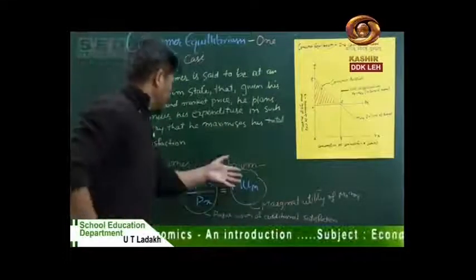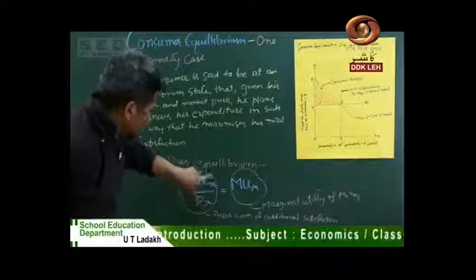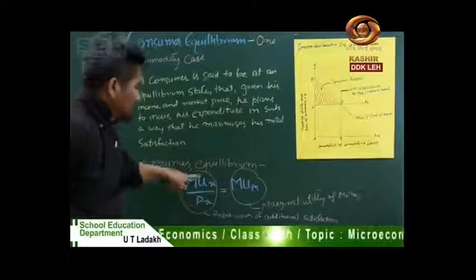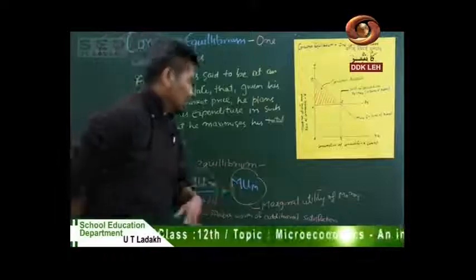Okay. So a consumer is said to be in equilibrium state when this part is equal to this part. That is, rupee worth of additional satisfaction is equal to the marginal utility of money.